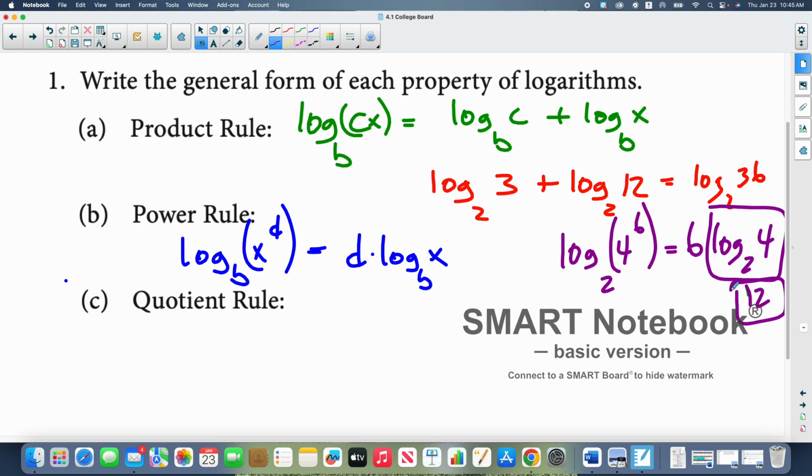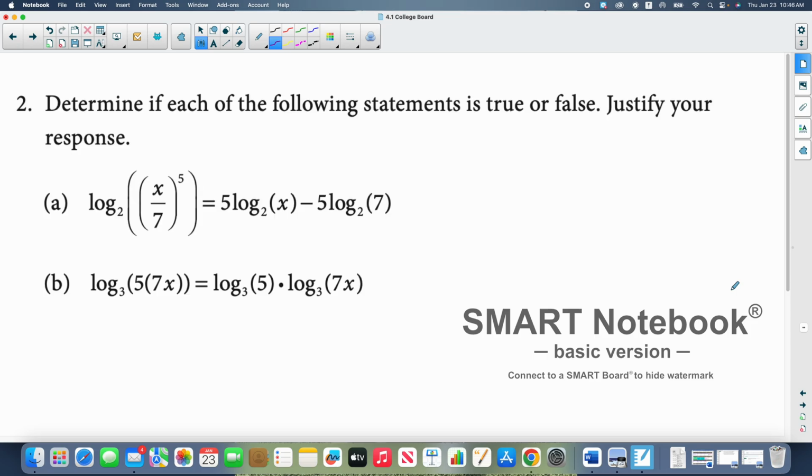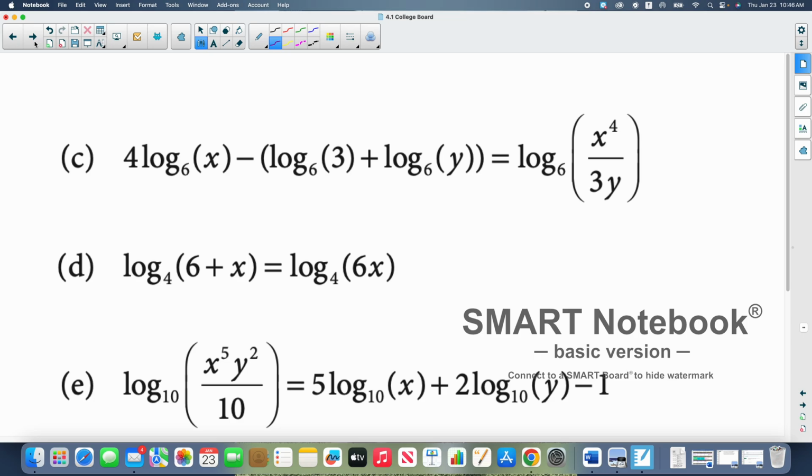So here's what I'd like for you to do. This is classwork finishing up today. We finished a little bit early. That's okay. I want you to look at problem 2, same page, page 11, problem 2, and I want you to work question B and question D. Now here's what it asks you to do. It asks you to tell me if that's a true or false statement.